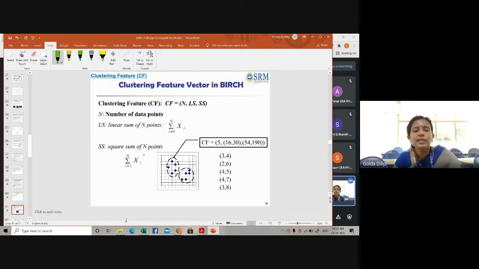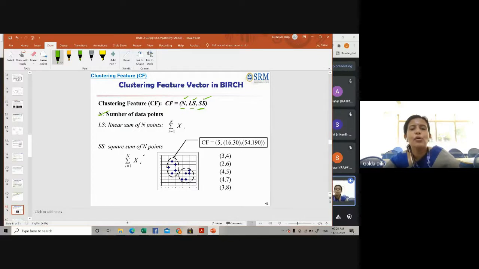When we say clustering feature, it's basically a three-dimensional vector, with 3 elements. N is the number of data points in the cluster.